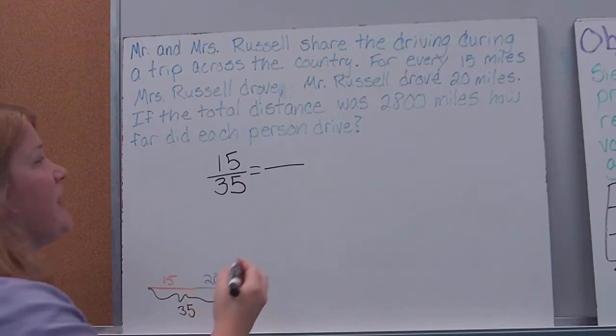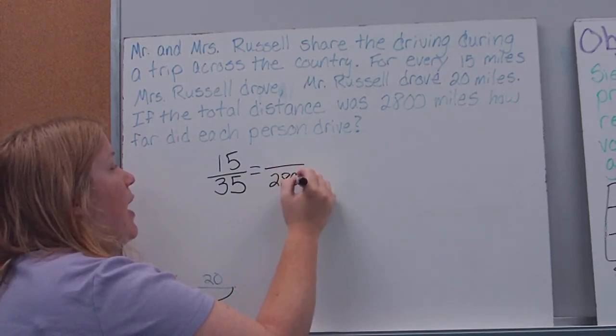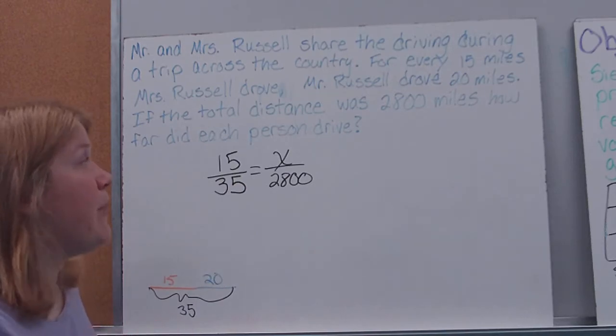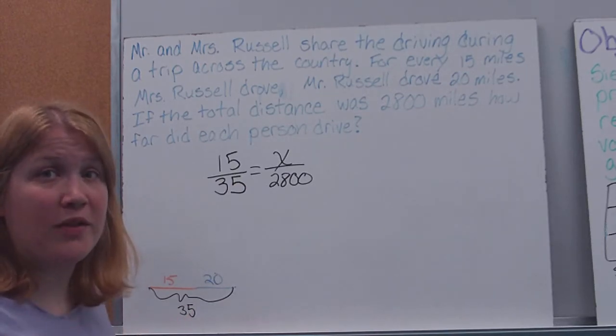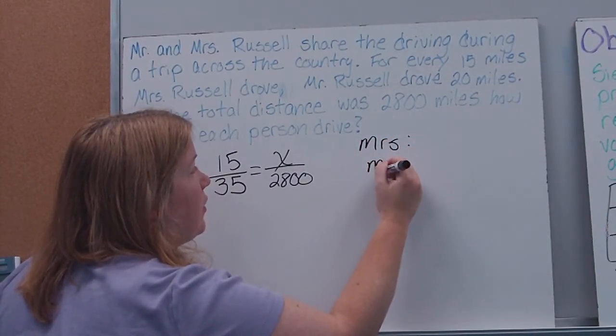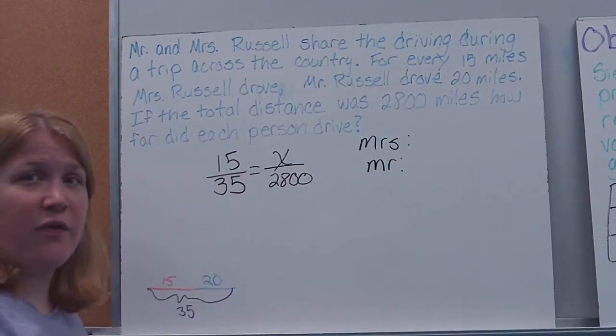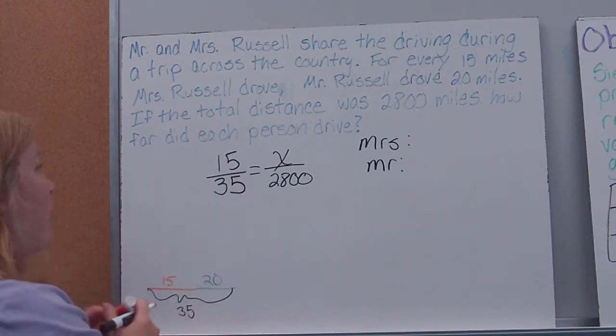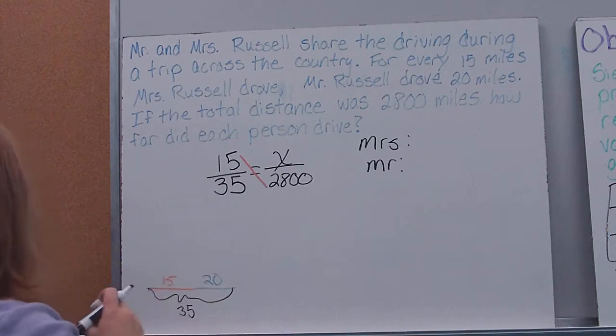So if their total distance is 2,800 miles, how many of those miles did each person drive? So I'm going to have 2 answers. So over here, I'm going to write Mrs. and Mr. The first one we're solving for is how far Mrs. Russell has driven. So I'm going to use my cross products, and I'm definitely using my calculator here.